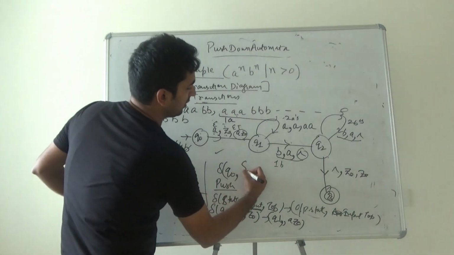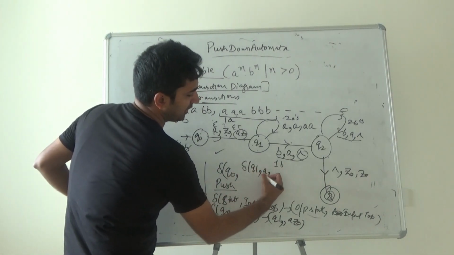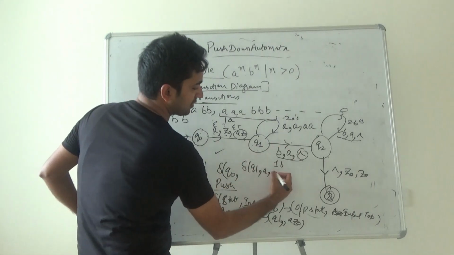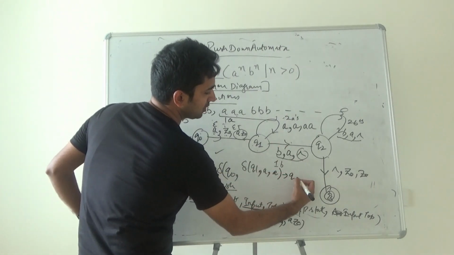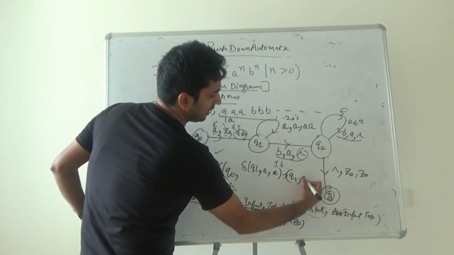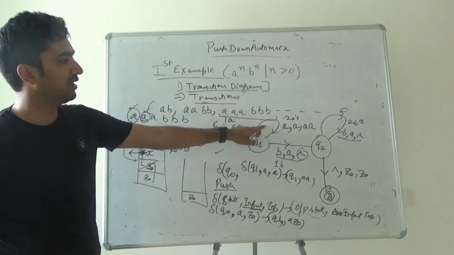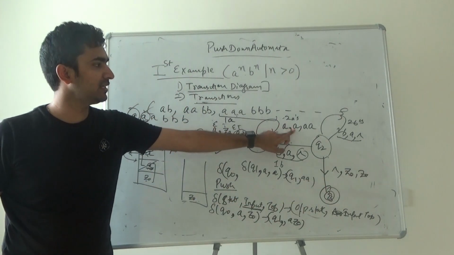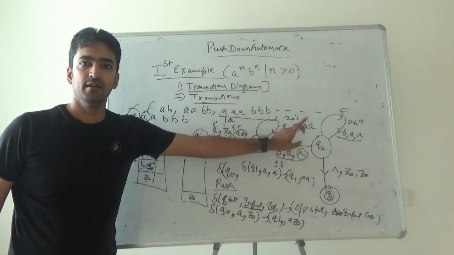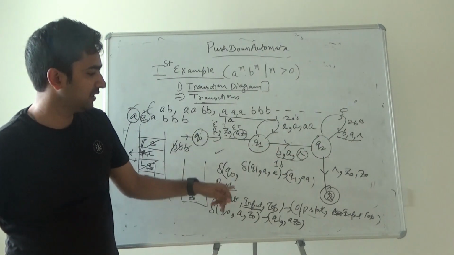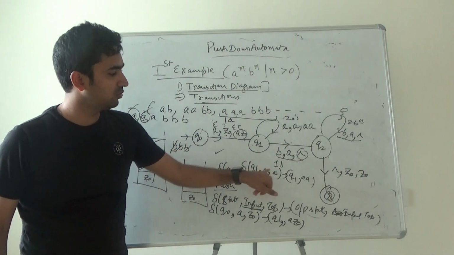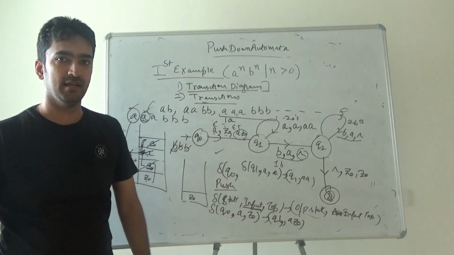Similarly, Q1, when A input is given, top of the stack was A, the answer was Q1 AA, because push operation was happening. So you went from Q1 to Q1, the answer is AA.